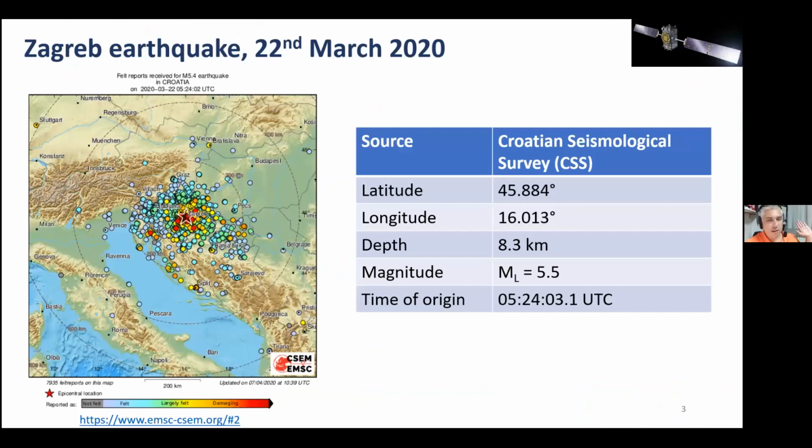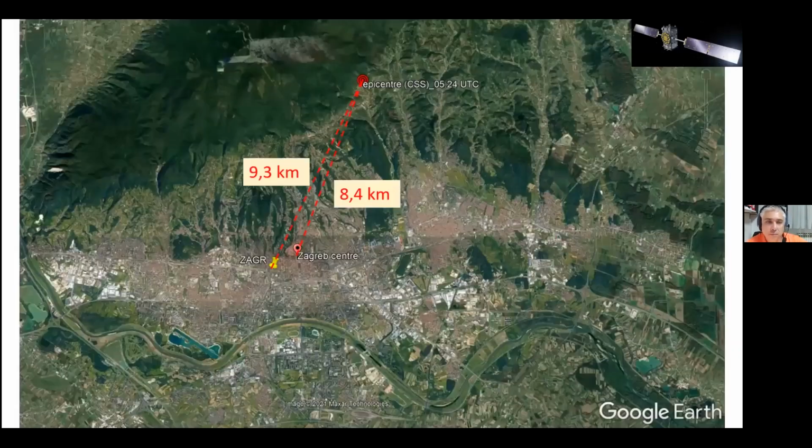I will just quickly go through the next few slides since they were presented yesterday. This is the map provided by the European-Mediterranean Seismological Centre, showing that the earthquake was felt within a radius of more than 400 kilometers.